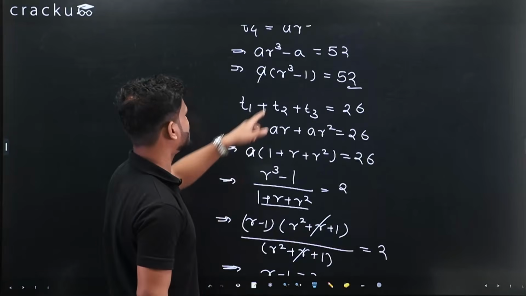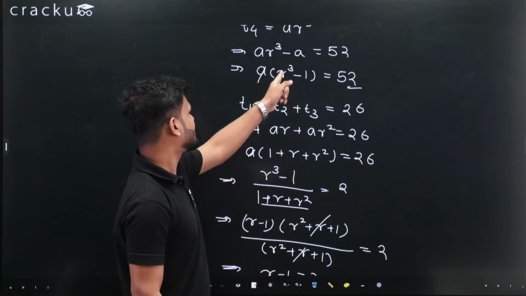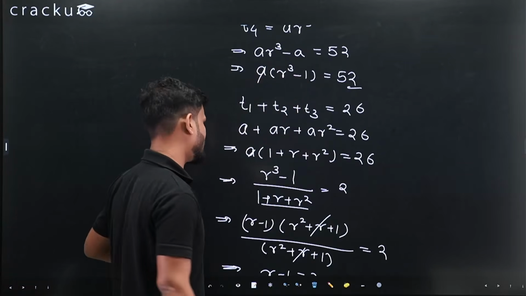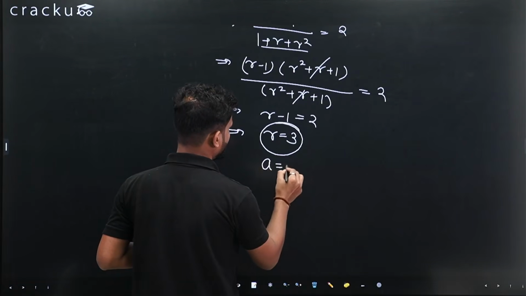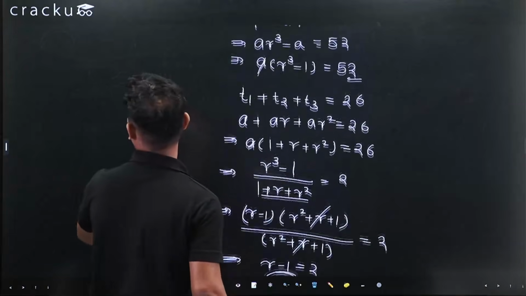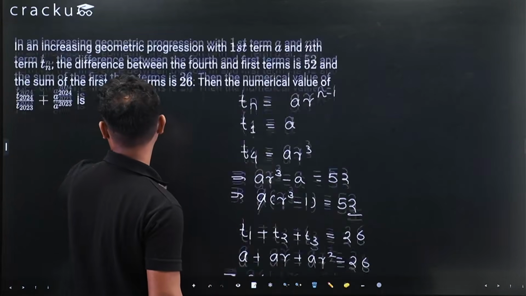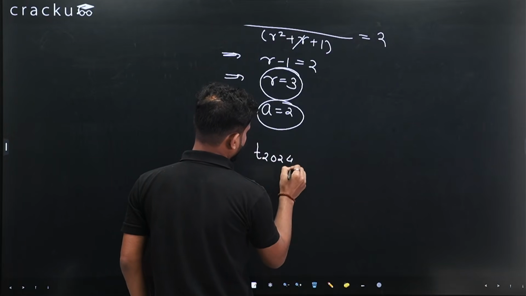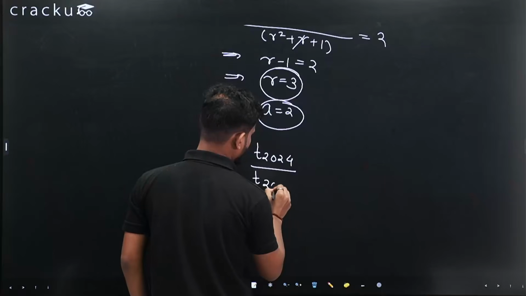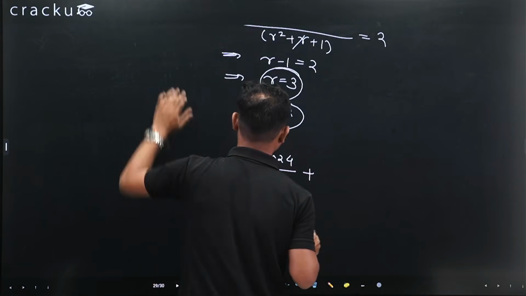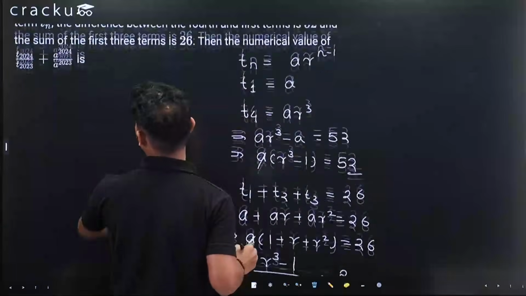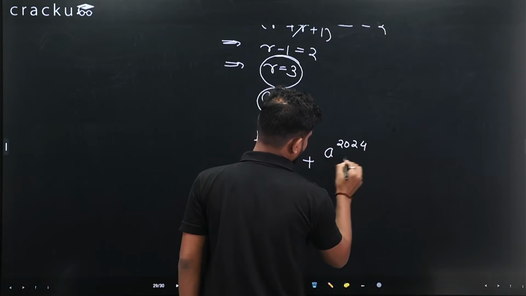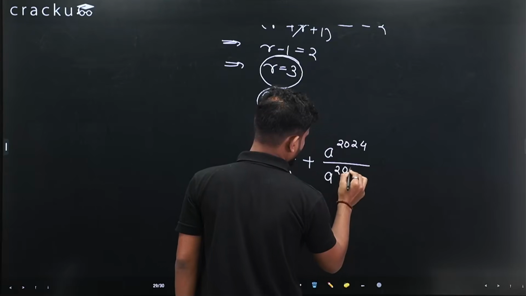Once you get r is equal to 3, put r is equal to 3 here. 3 cube minus 1, 27 minus 1, will be 26. So 26 into a is 52, a will be equal to 2. What do we need to find? We need to find t of 2024 upon t of 2023 plus a raised to 2024 upon a raised to 2023.